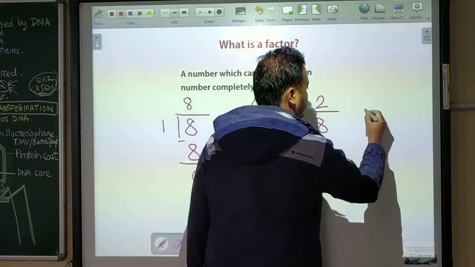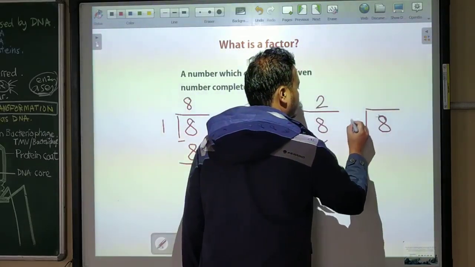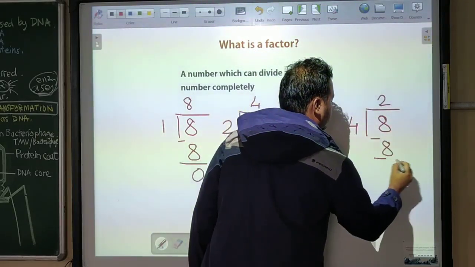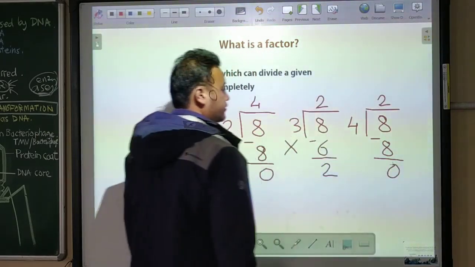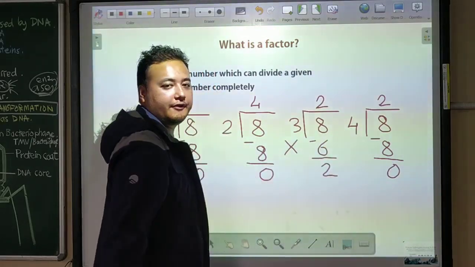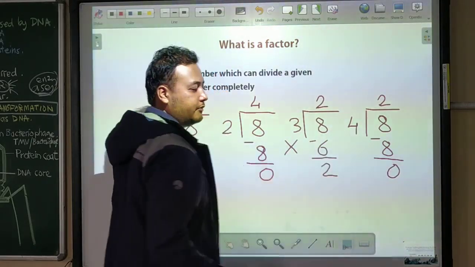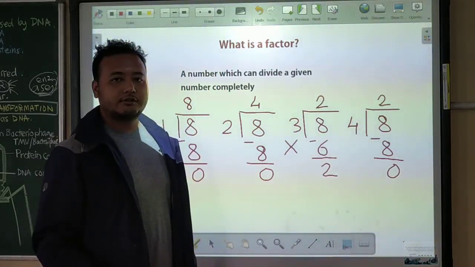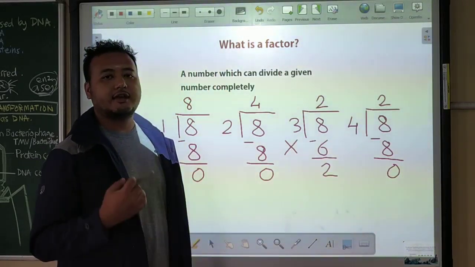What about 4? 4 2s are 8 and the remainder is 0. So 4 is a factor of 8. Now once you reach half the number, you don't have to try with the rest of the numbers, that is 5, 6 and 7.